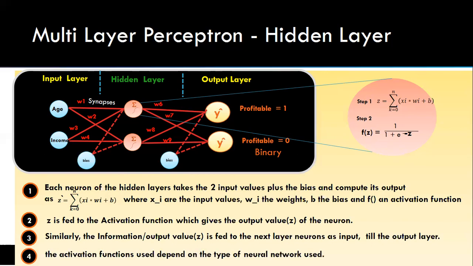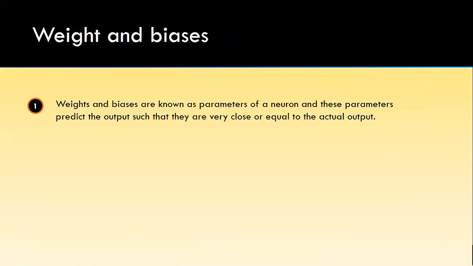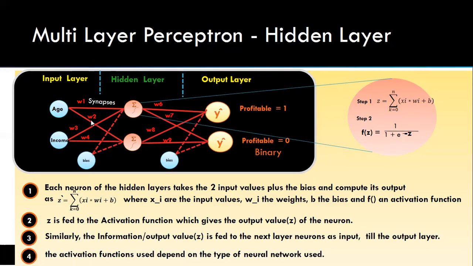Next, the activation functions used depend on the type of neural network. That's what we discussed. And the next one is weight and bias. What is this weight and bias? These are your weights and this is your bias. The weights and bias are known as parameters of a neuron. Why is it called parameters?